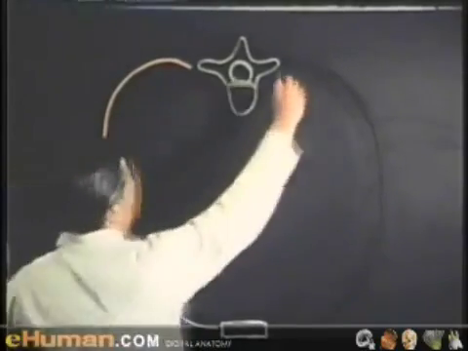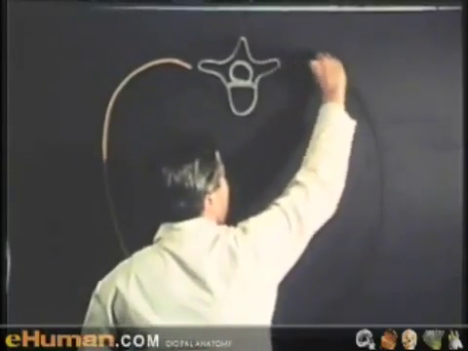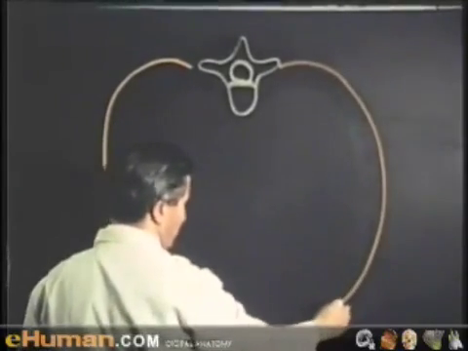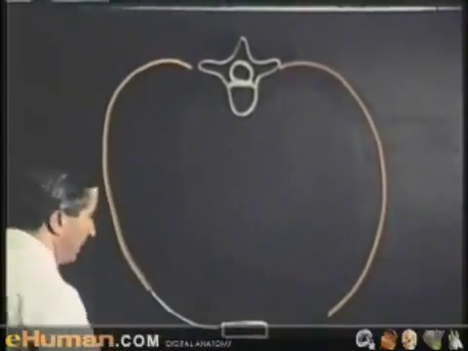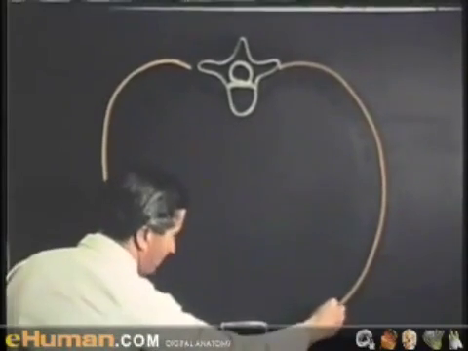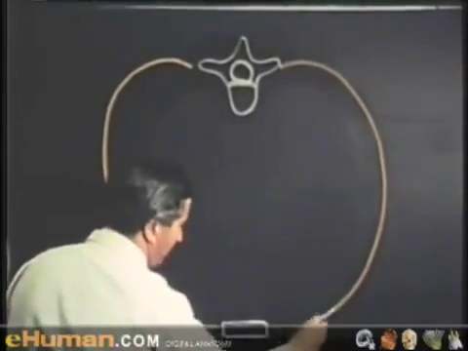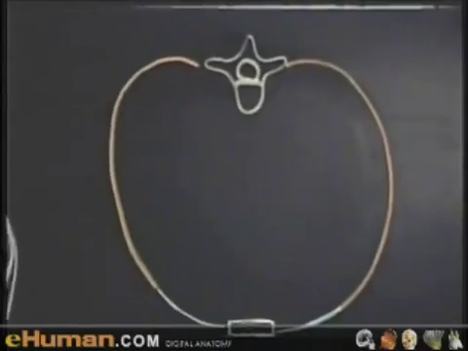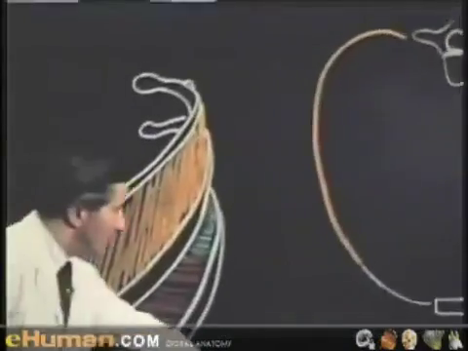And then on this side, I'm just drawing the position of the external intercostal muscle in relation to the vertebra behind and the sternum in front. Again, we have the muscle layer completed in front by the anterior intercostal membrane, as I have shown here. Now, within this, we have the internal intercostal muscle.